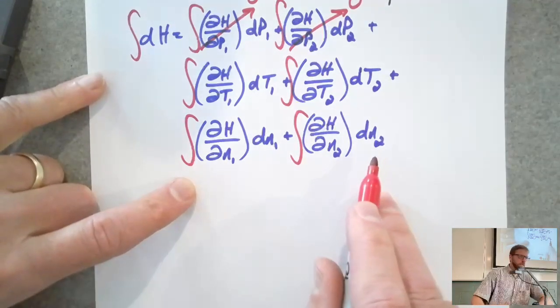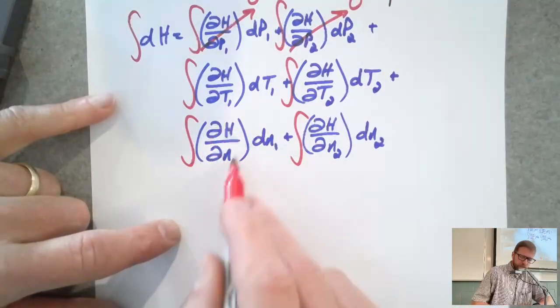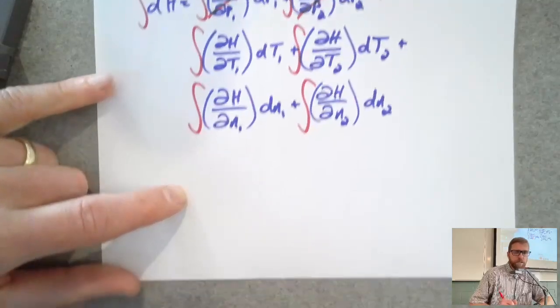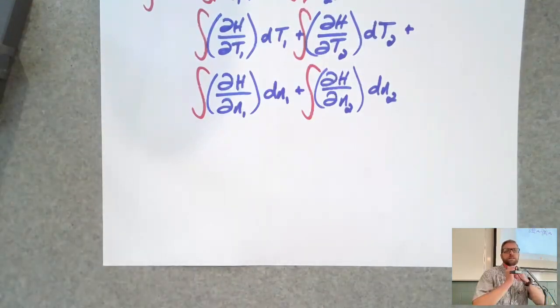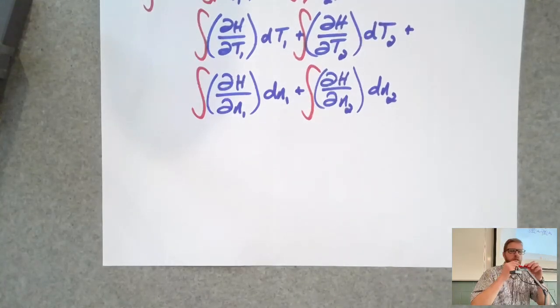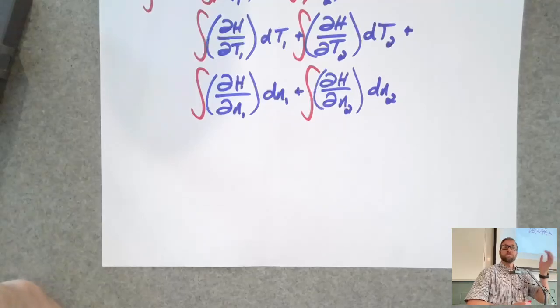Okay. So let's think about that for just a second. What is this term right here, the partial of H with respect to N? You know what that is, by any chance? It's how enthalpy changes with number of moles.